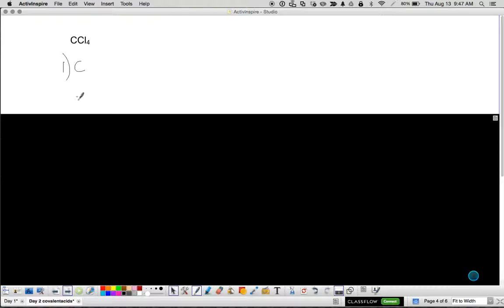Okay. I'm going to name the carbon first. It's not going to get a prefix, so that's just carbon. Okay. And the second atom is going to get prefix root ide. And chlorine starts with a C, so no vowel, so no dropping stuff. So this is just carbon tetrachloride.